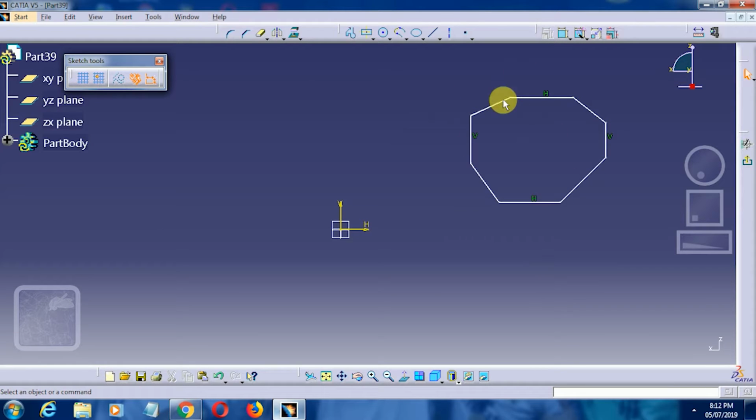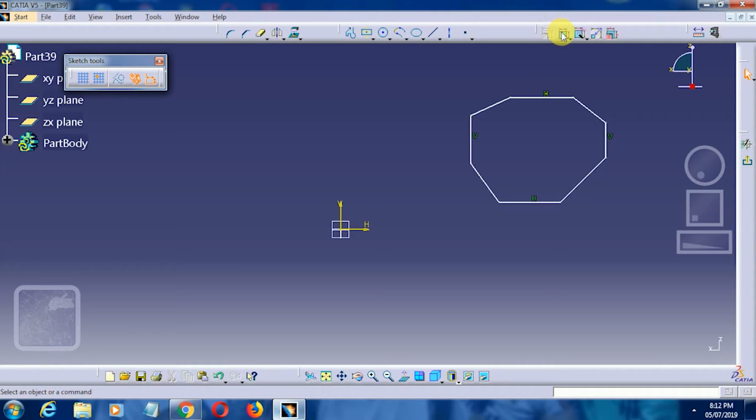Here we have constructed a polygon which has 8 sides, which necessarily aren't equal at this moment. We also know that every single point has 2 lines passing through it. It isn't a closed figure, but a closed figure is what we need. So here we are. We will now try to constrain it.